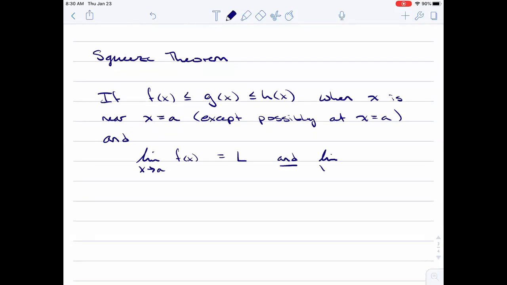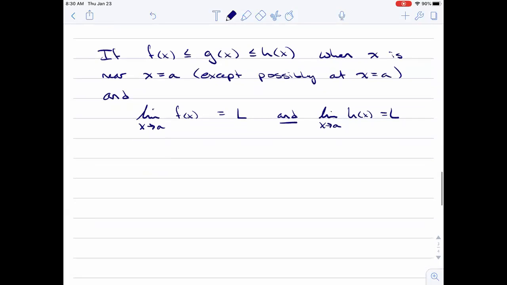And the limit as x goes to a, going to the same point, of h of x is also L. So now I'm saying that g is this function that at a is being captured by f of x and h of x, both of which have a limit of L. Well, the squeeze theorem says that g of x must also have a limit of L. It's bounded by f and h, so it can't run away.